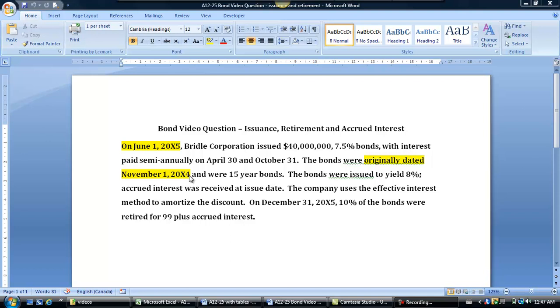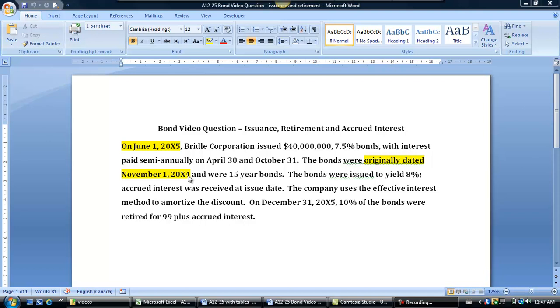You want to calculate the present value for the period in which the investors bought in and the bonds were issued. That might sound a little confusing, but I'm sure you'll get it once we show you the visual. I just wanted to explain that point and why those dates were significant.